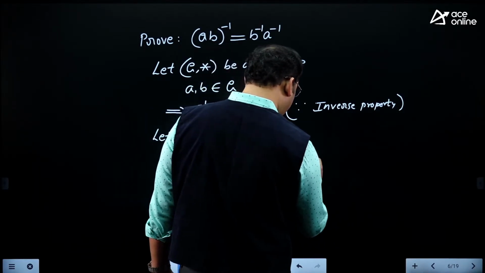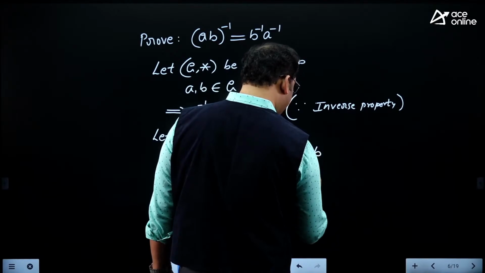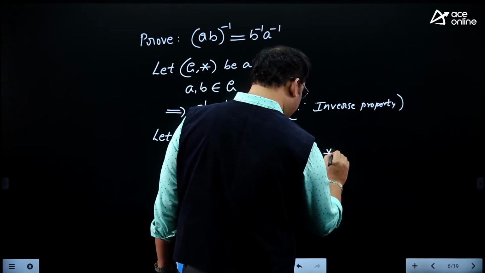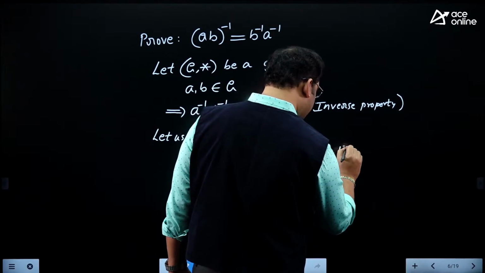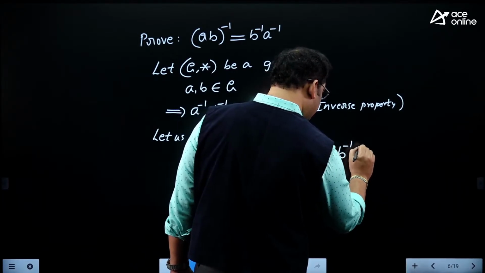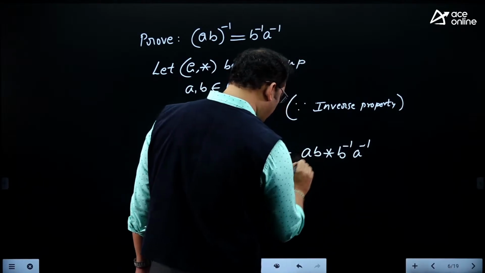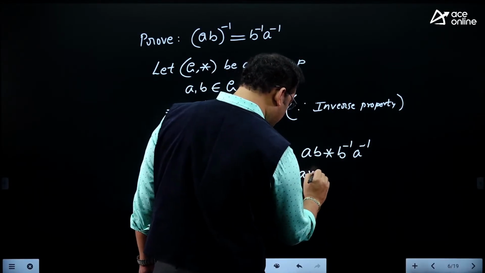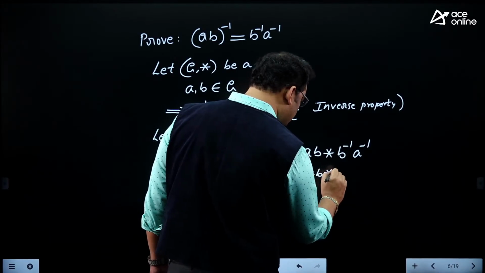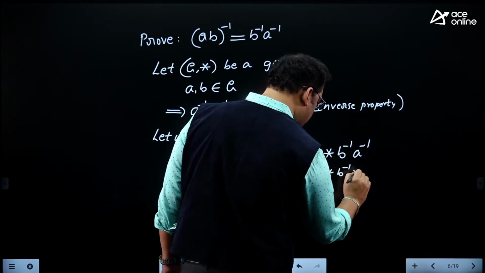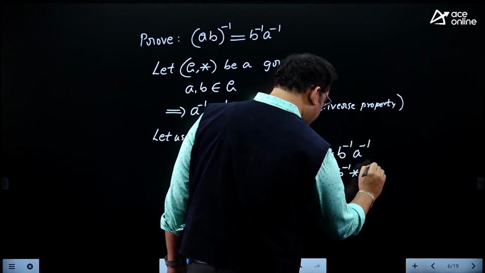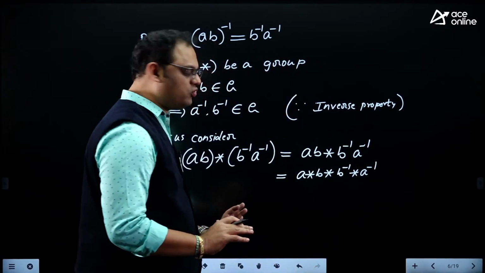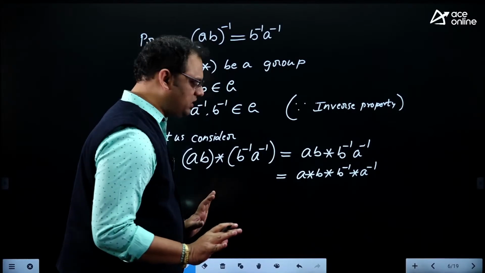Here we have AB, and we have the star operation, B inverse, A inverse. When you write AB, this is nothing but A star B. You should understand binary operation. And it is also B inverse star A inverse. I hope up to now everything is clear.